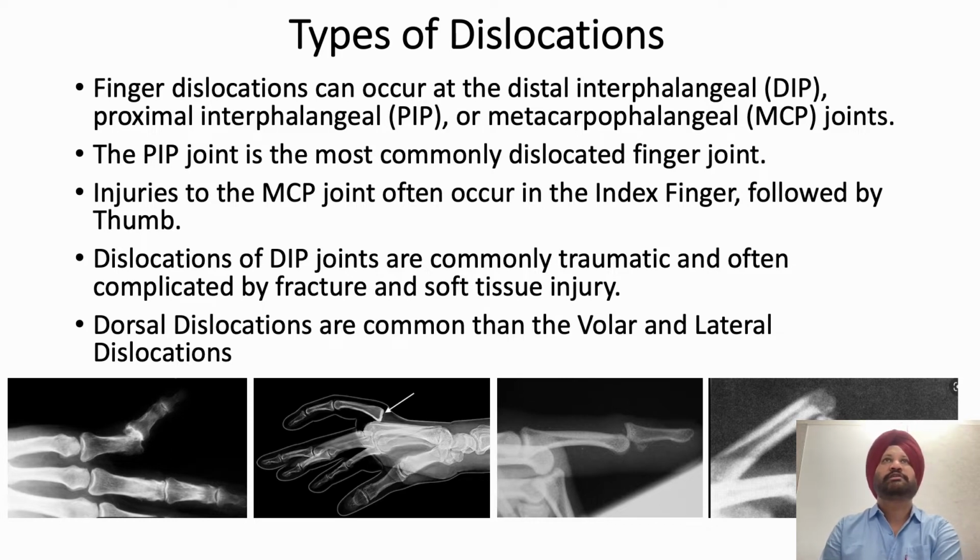Dislocations of the DIP joints are commonly traumatic and often complicated by fracture and soft tissue injury, as we have discussed before as well. Dorsal dislocations are more common than the volar and the lateral dislocations. There are further three types of dislocations if you want to go into that. Including X-rays, we got the MCP, PIP and DIP dislocations in the X-rays.